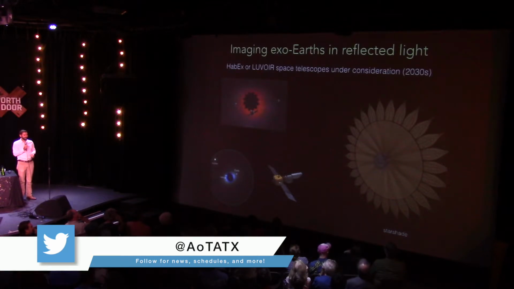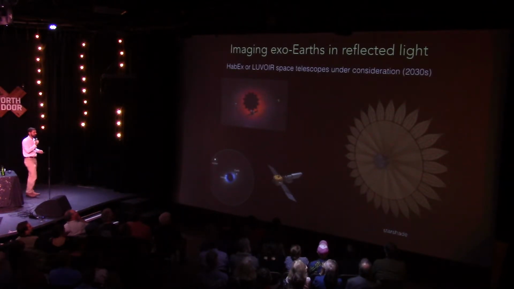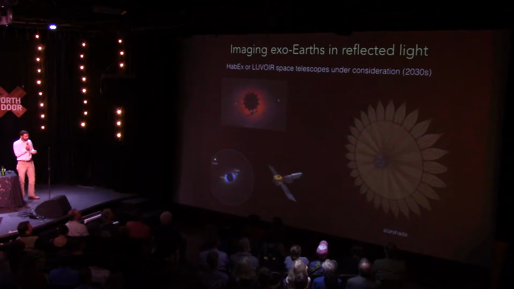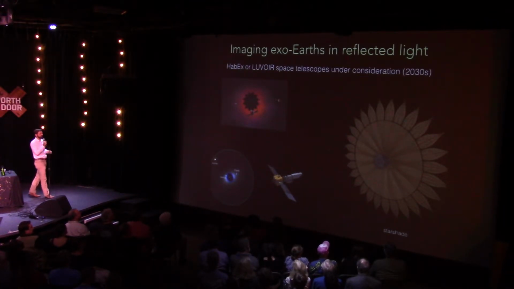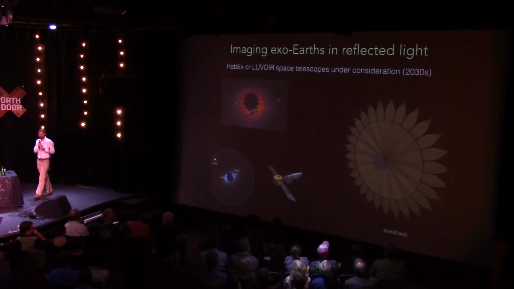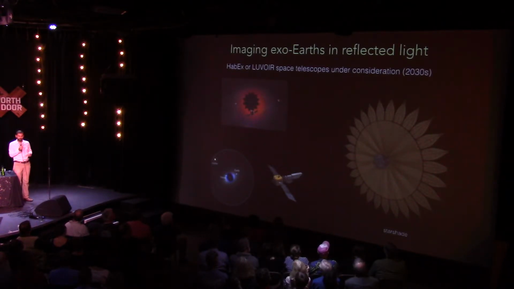So what we really need to image Earth-sized planets are large 10 to 12 meter diameter space-based telescopes. One design for this incorporates what's called a star shade, so it looks like a flower. And this is a way of controlling the diffraction pattern of the star that you're pointed at.